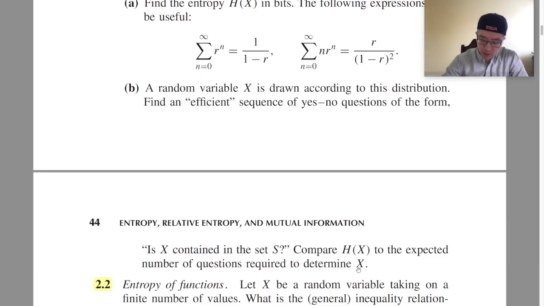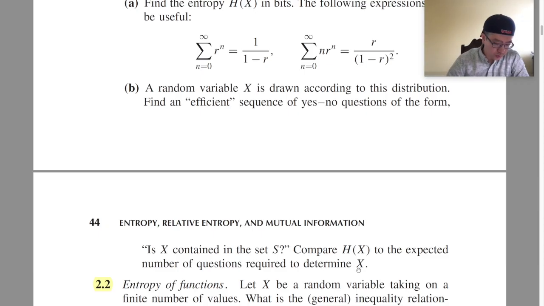So if x equals 1, then Q is 1. If not, we ask the second question: is x equal to 2? If yes, then the number of questions we ask is 2. Then the third question: is x equal to 3? That means Q is 3 in this case. And then go on.